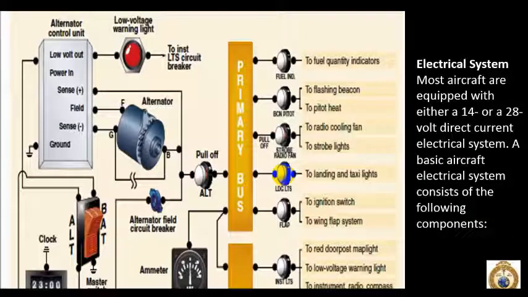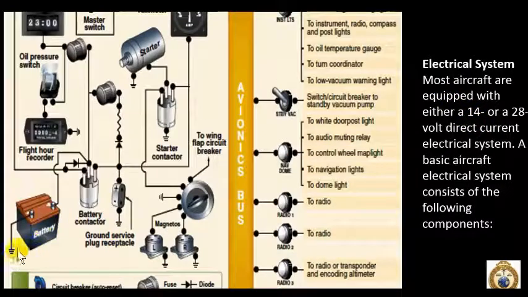The electrical system, we're going to go deeper into this, but basically, this was a really big slide, and I couldn't get it all in. But most of these systems are equipped with a 14 to 28 volt battery.